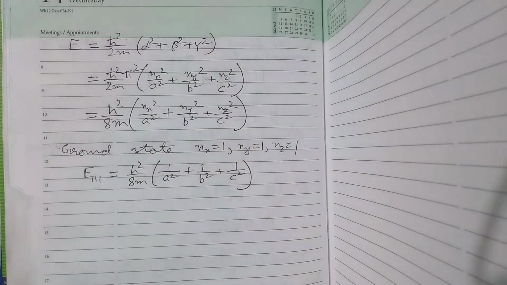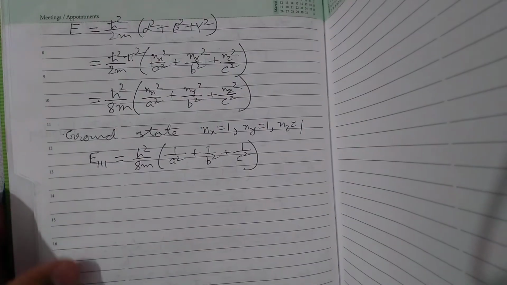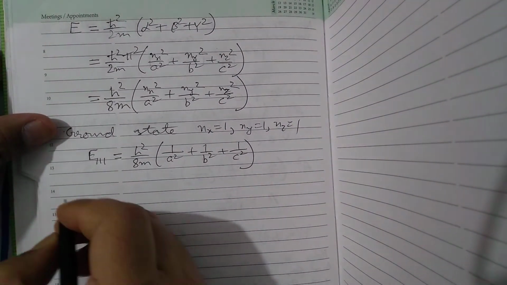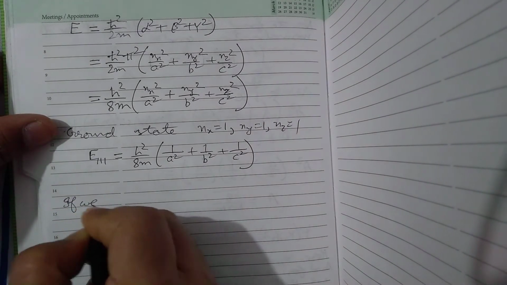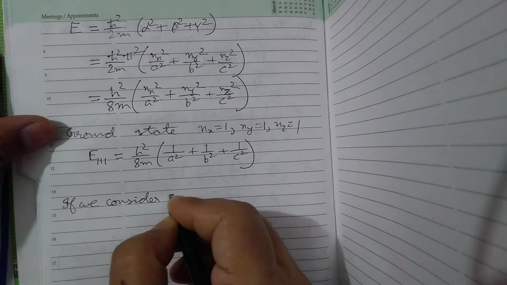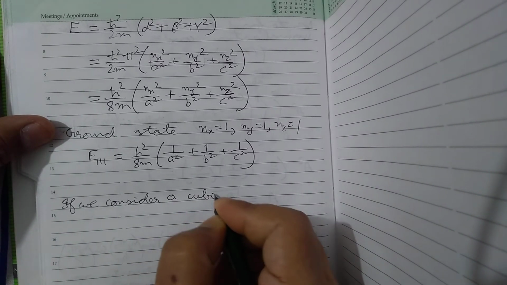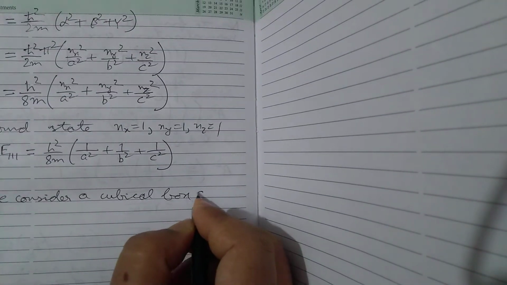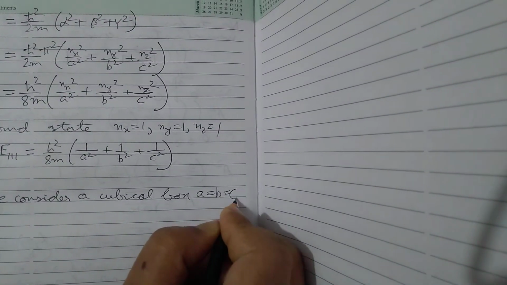Now suppose we consider a cubical box. For a cubical box, what do you have? a is equal to b is equal to c.